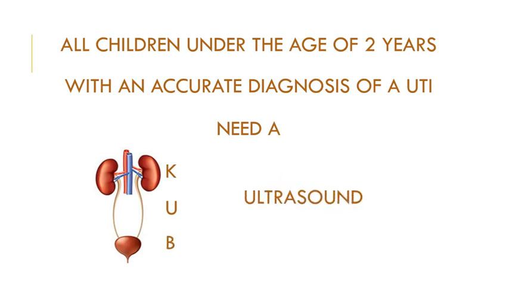In addition to getting rapid control of the infection, it is important to exclude underlying abnormalities of the urinary tract so that you prevent renal damage and prevent these patients potentially progressing into chronic renal failure.